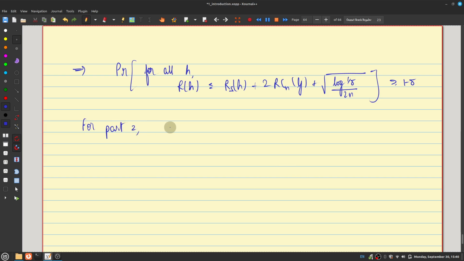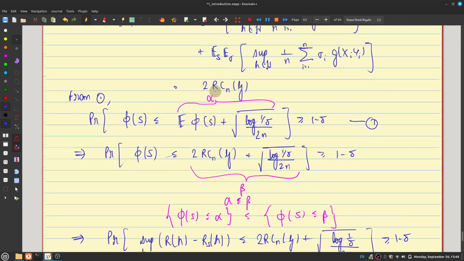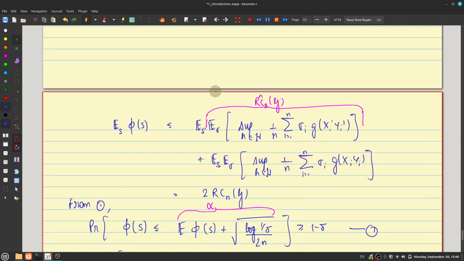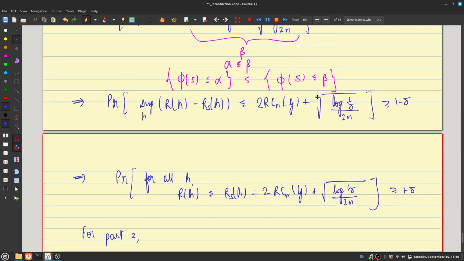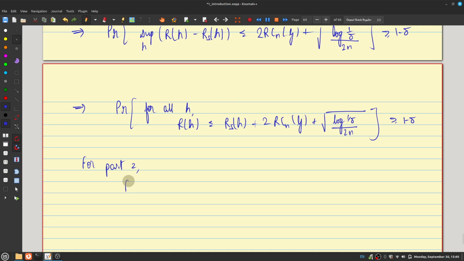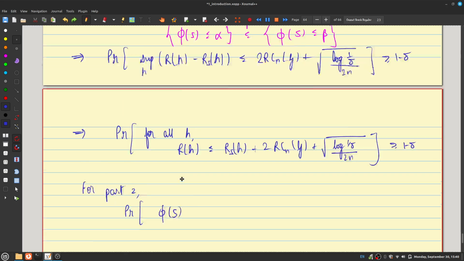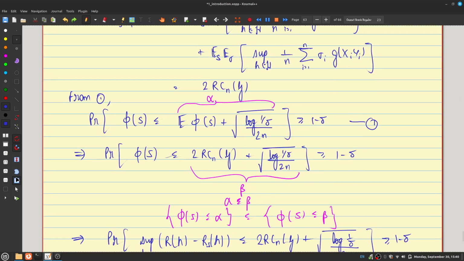so for part two, again, we first derive the same bound, but with delta by 2. All right. So the probability that P of S is, let me just copy this.